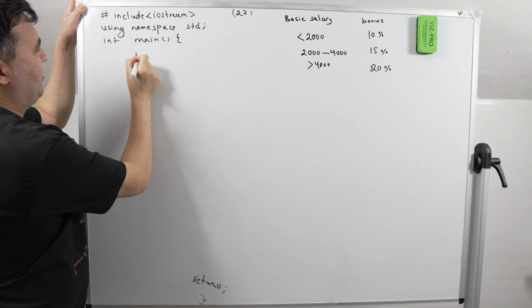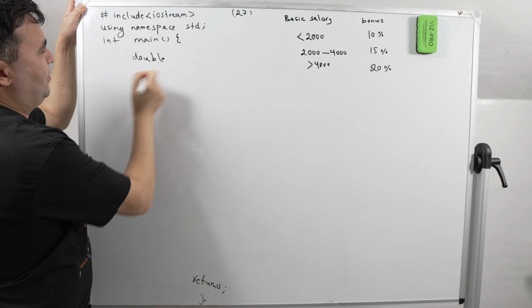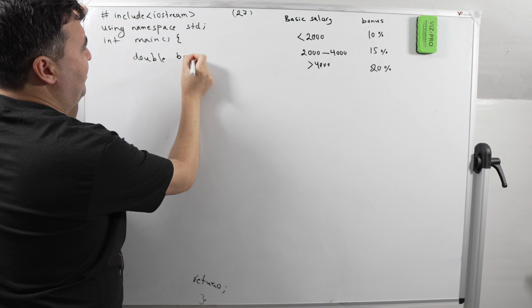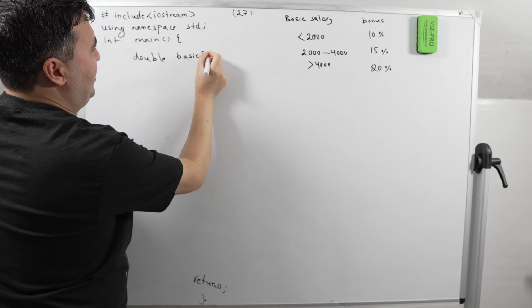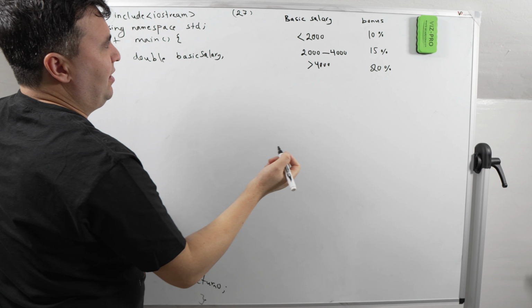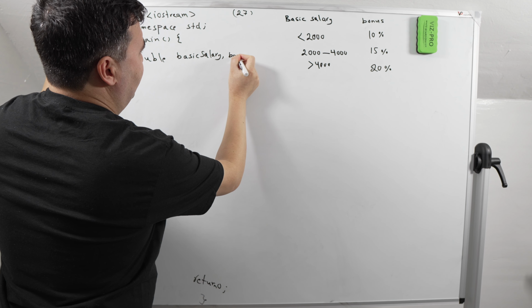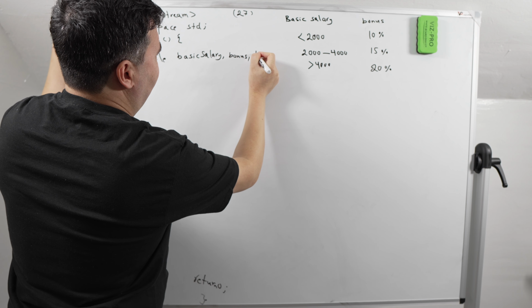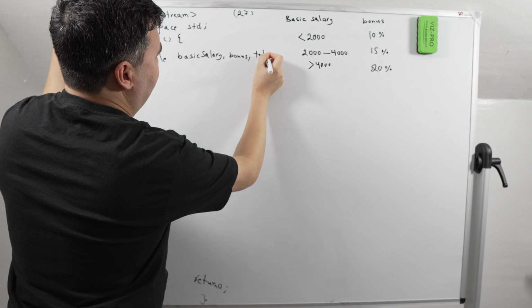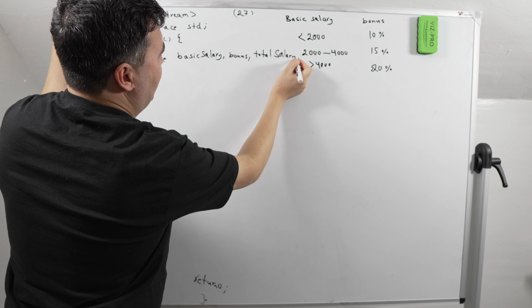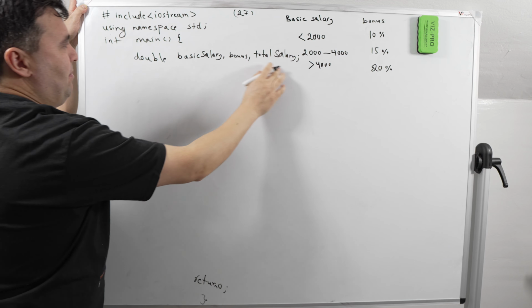I write basic salary. Then I define another variable, bonus, and another variable, total salary. Semicolon. So we have 3 variables.